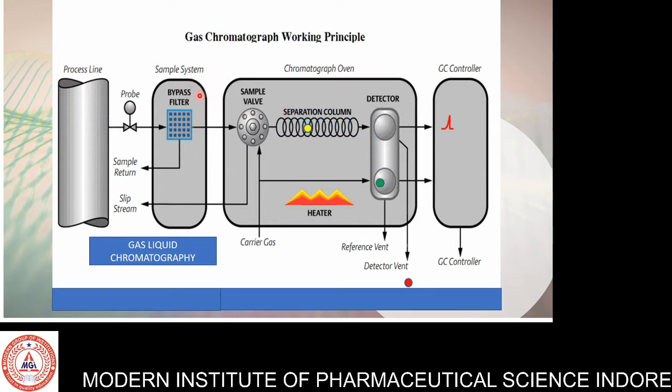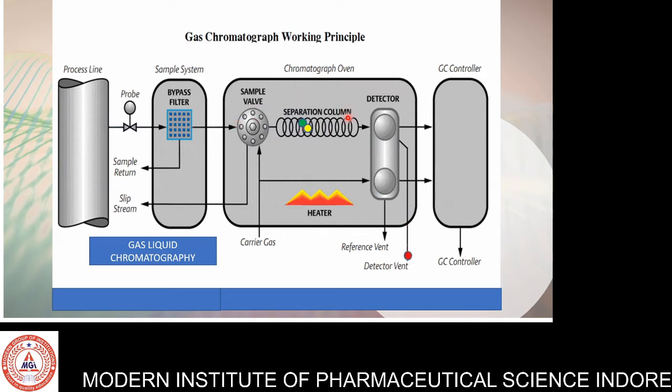Liquid sample is injected by a microsyringe with a needle inserted through the self-sealing silicone rubber septum into a heated metal block with a resistance heater. Gas samples are injected by a gas tight syringe or through the loop and valves.